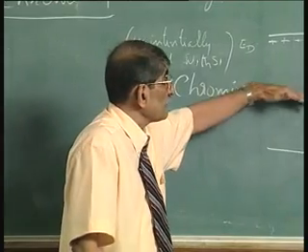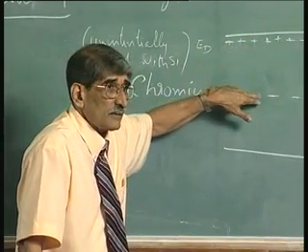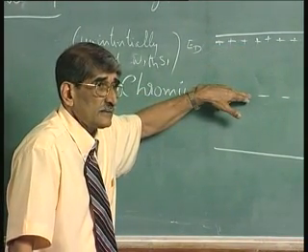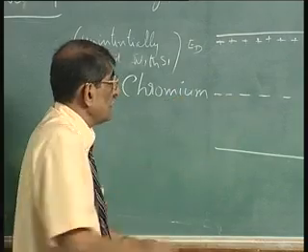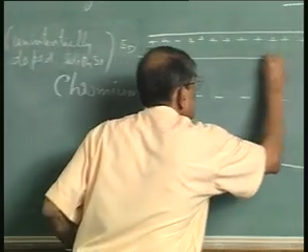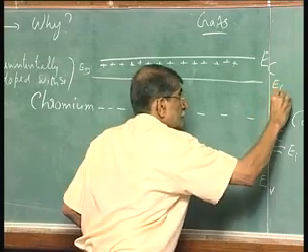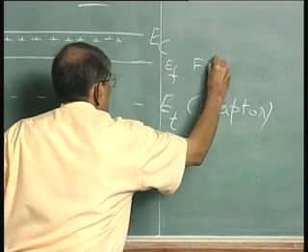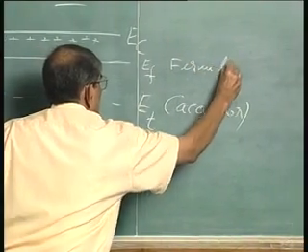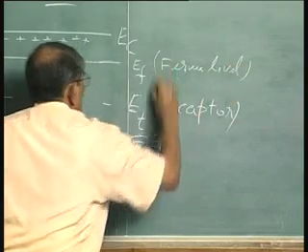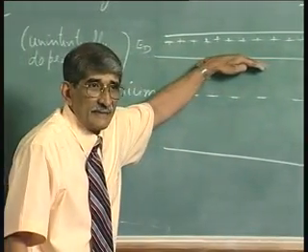But once you go to that level, what is the status of this acceptor? If the Fermi level is here, all of you know the concept of Fermi level. That is N type.